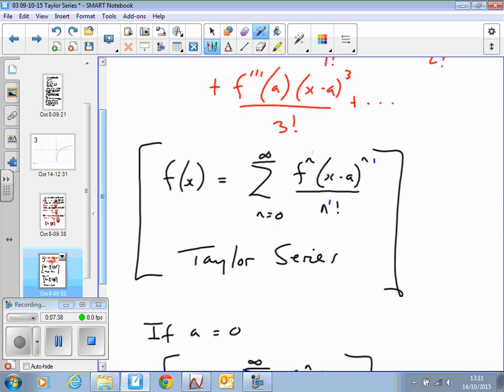Let n equal 2, we've got the second differential over 2 factorial times x minus a to the power 2, n equals 3, and so on. So this is a general way of writing all these terms. The sum of all these terms added together is what's called the Taylor series. It's a way of finding a power series to represent this function f(x).